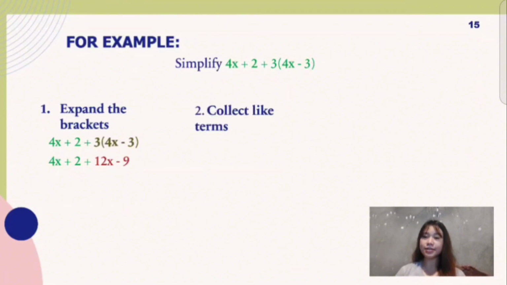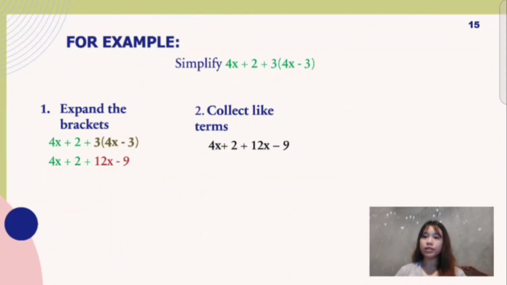Next we need to collect the like terms. It was also stated earlier what a like term is, so you already know what it is. In this expression, 4x and 12x are like terms because they have a coefficient and a variable. So 4x and 12x are like terms, and 2 and negative 9 are also like terms.